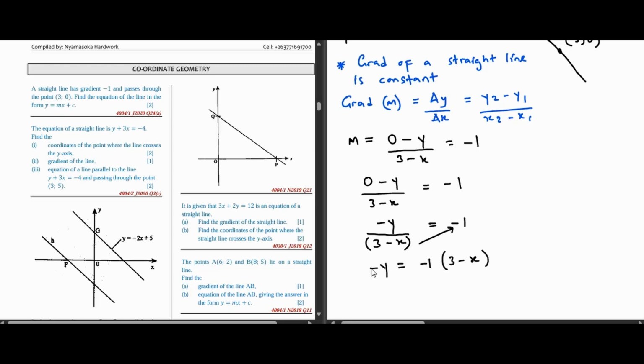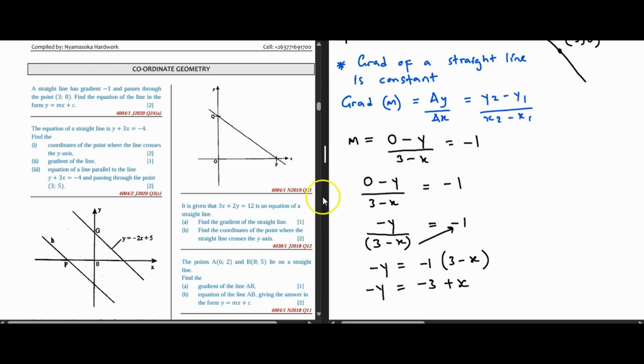3 minus x, like that. Let us solve this by removing brackets beside uko. Minus y is equal to minus 1 times 3 minus 3 minus 1 times minus x plus x, like that.